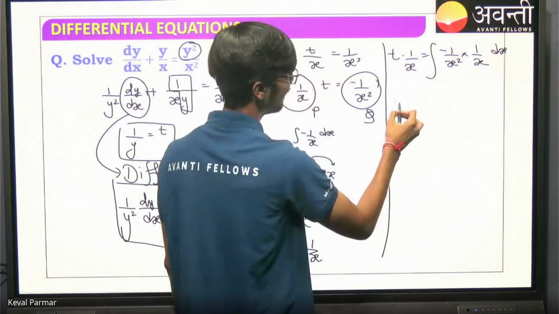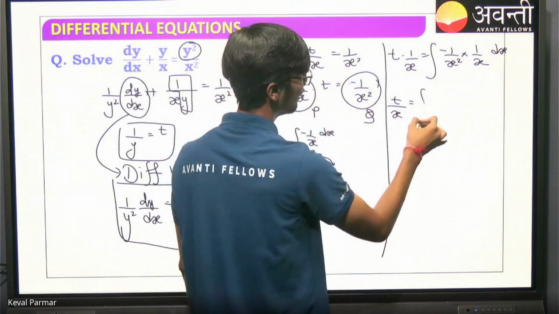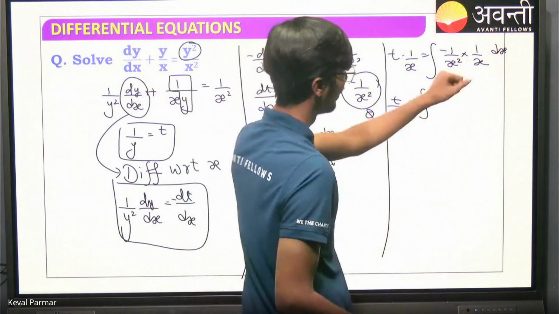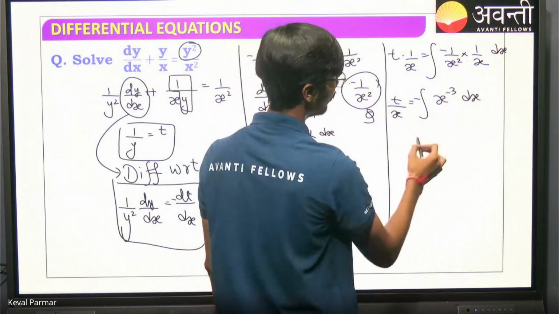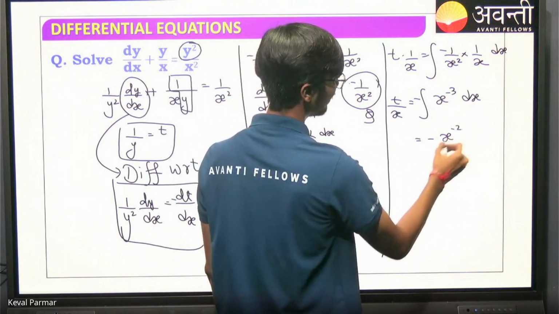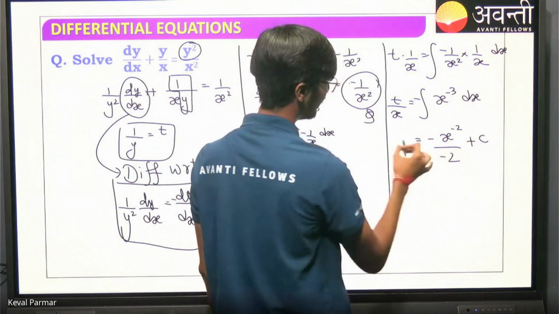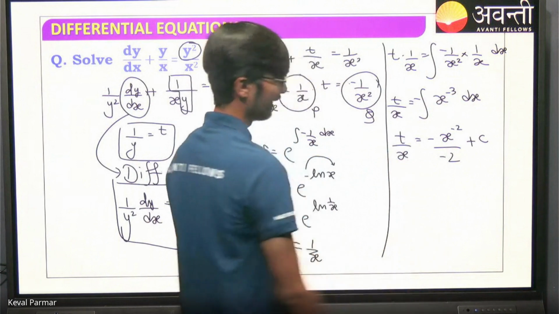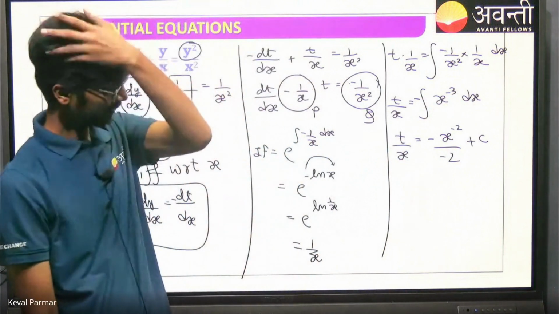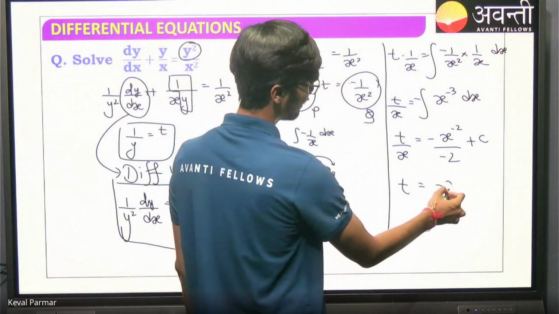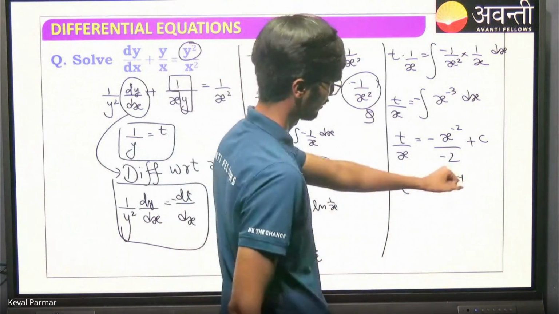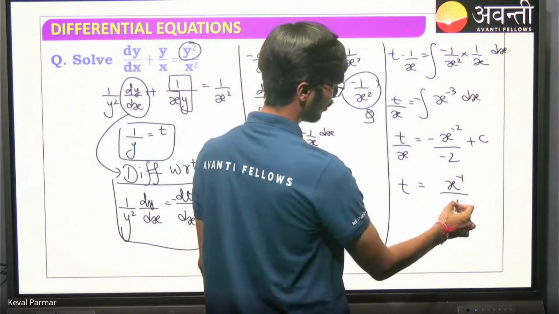So this is basically t by x is equal to minus integration of, I can write it as, x raised to minus 3 dx. So that means minus x raised to minus 2 upon minus 2 plus c. For t by x, I can cross multiply x, right?